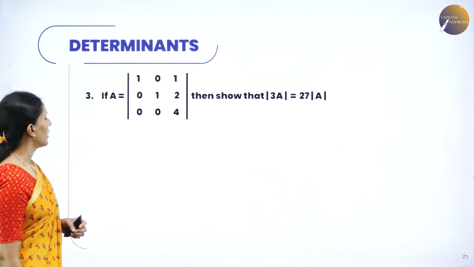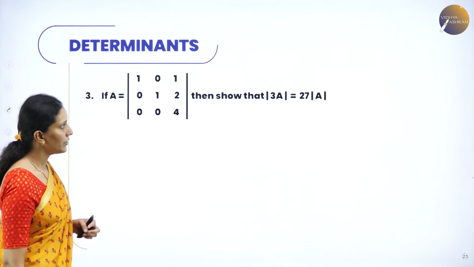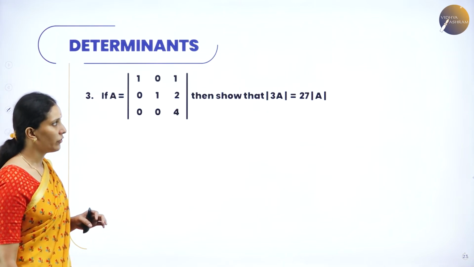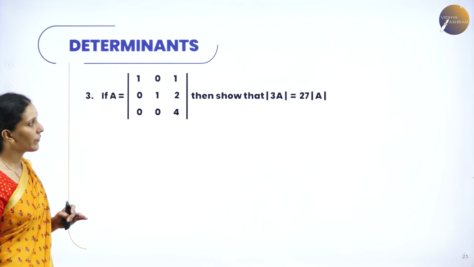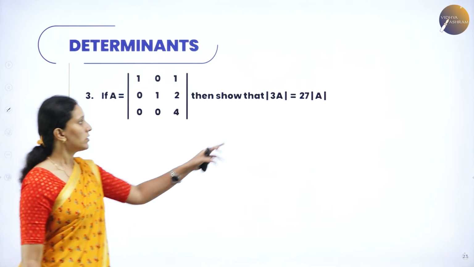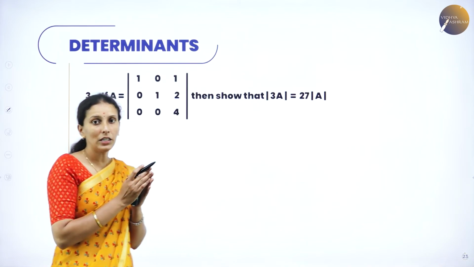Next, if A is equal to 1, 0, 1, 0, 1, 2, 0, 0, 4, then show that determinant of 3A is equal to 27 into determinant A. First let us find determinant of 3A. Determinant of 3A means multiply 3 to the given matrix and then find the determinant.